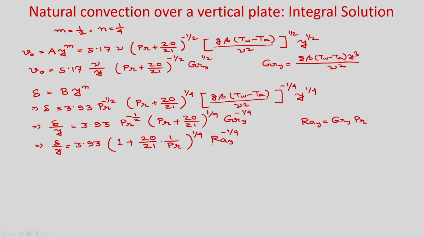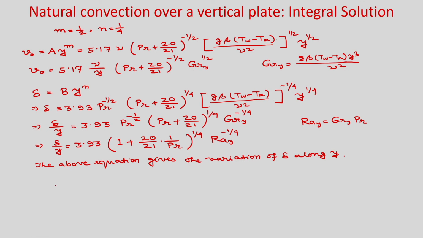So, you can see this equation will give you the boundary layer thickness, okay, along y. So, the above equation gives the variation of delta along y.